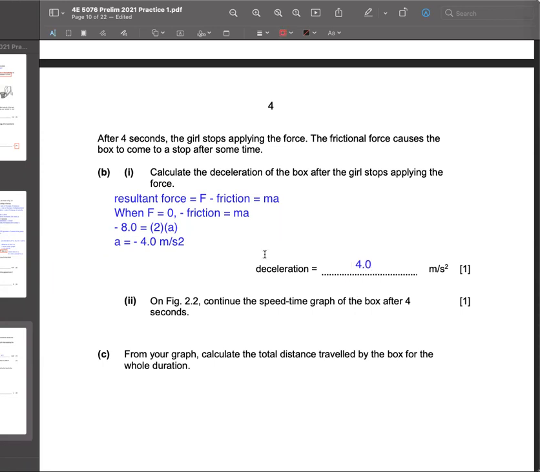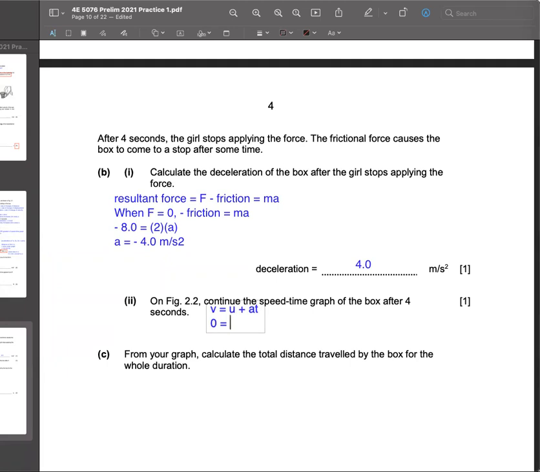So continue the speed-time graph after 4 seconds. v equals u plus at. What's the final speed?